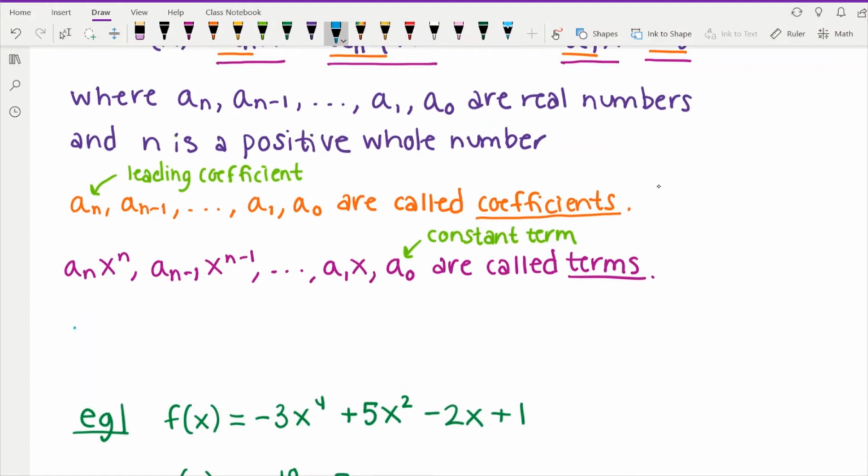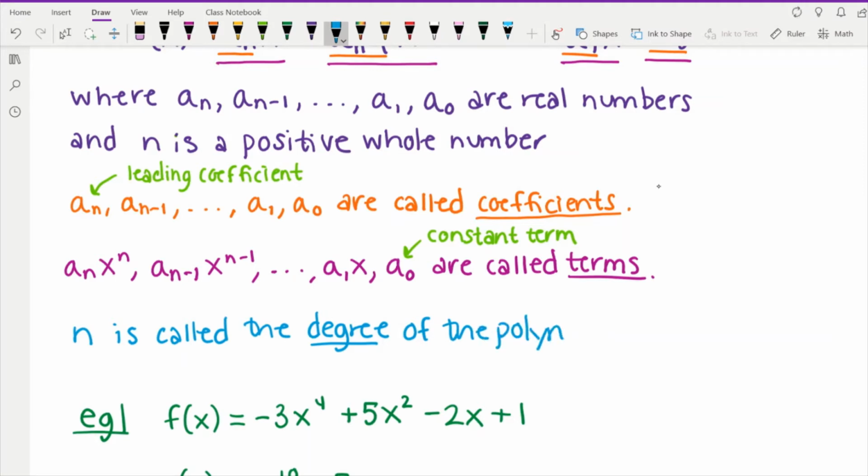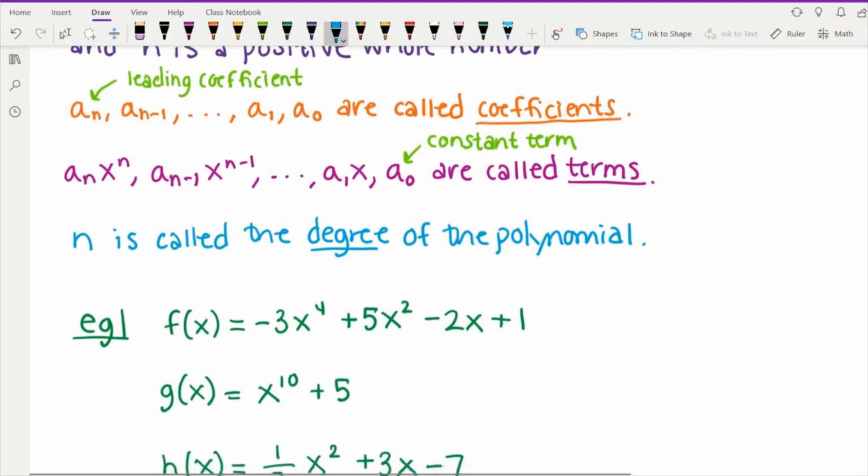So whatever that highest power of x is, that is called the degree of the polynomial. And of all of these things, that's probably the most important word of all of these. So whenever we're talking about the degree of a polynomial, we're talking about specifically the highest power of x that appears in that polynomial.